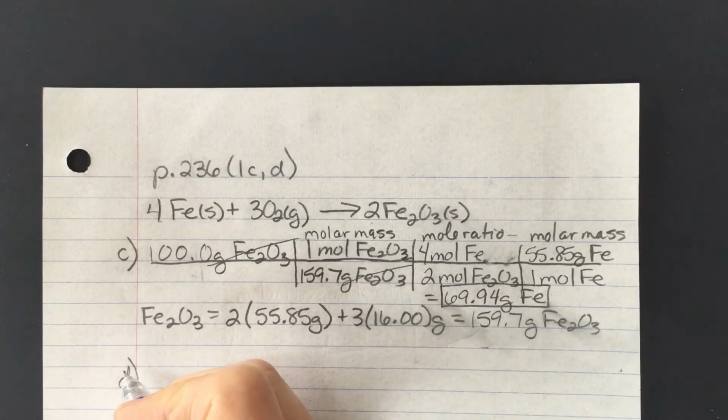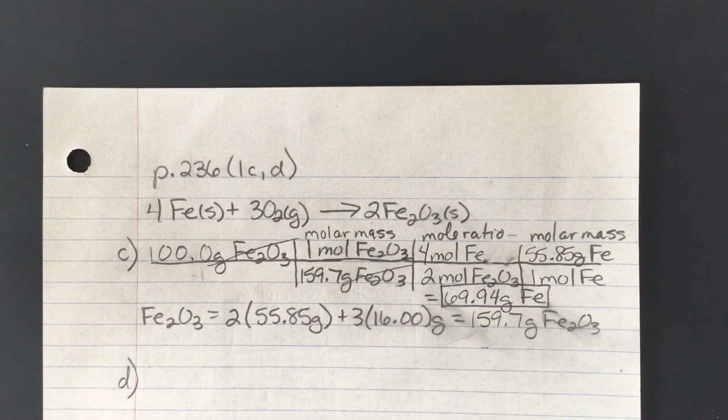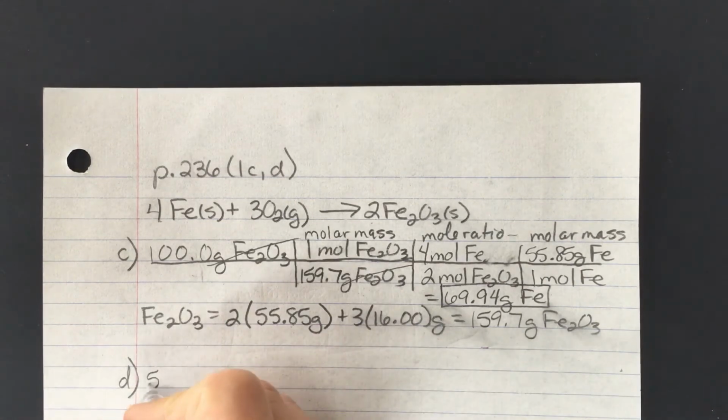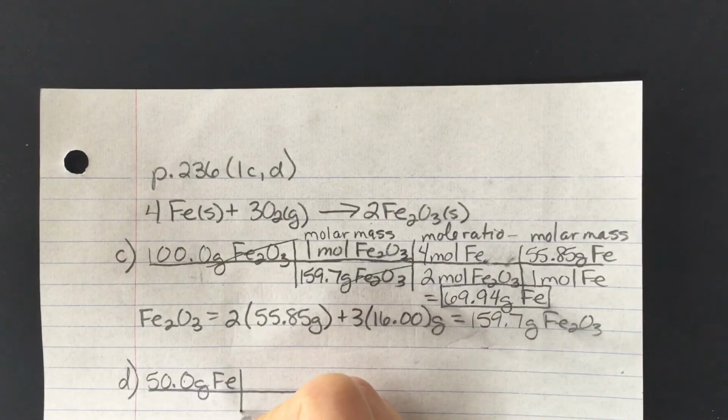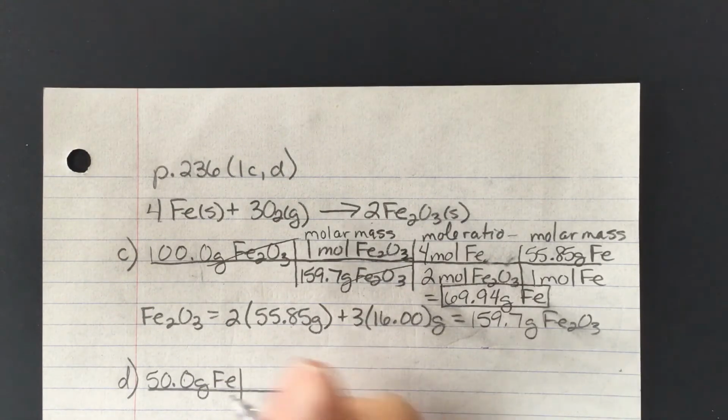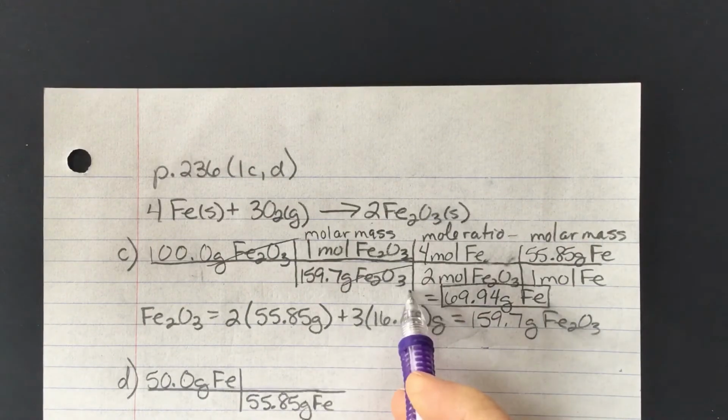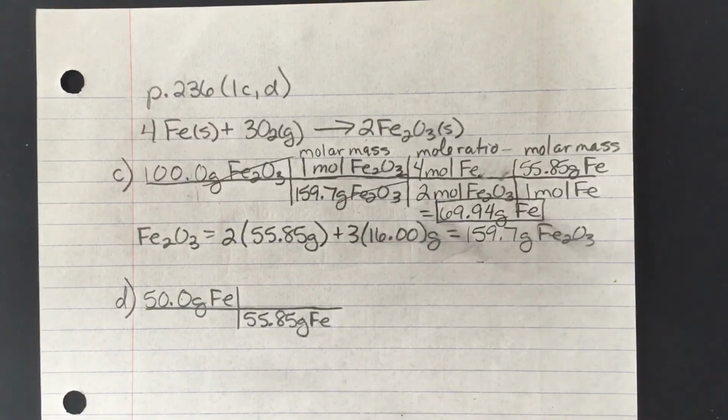Going to problem D. The question is, how many molecules of oxygen will be needed to react with 50 grams of iron metal? So I have my 50 grams of iron. I can't do anything until I convert to moles. So 55.85 grams of iron, which I found off of my periodic table for this problem. So I'll just use those same numbers.